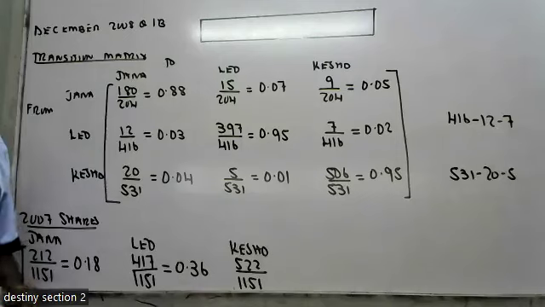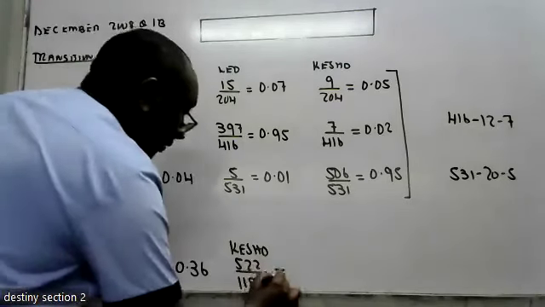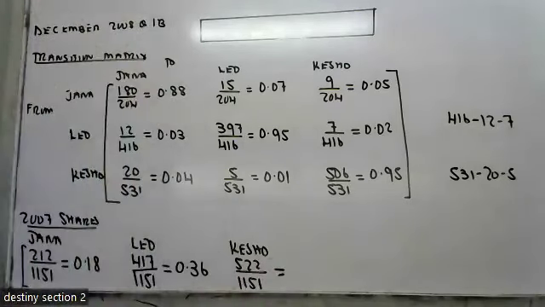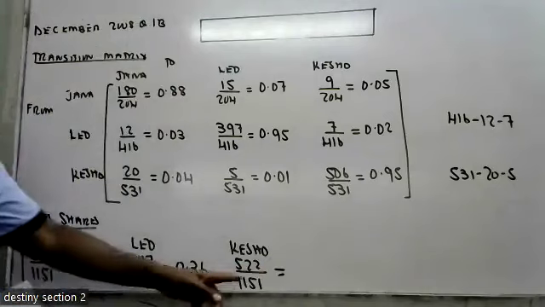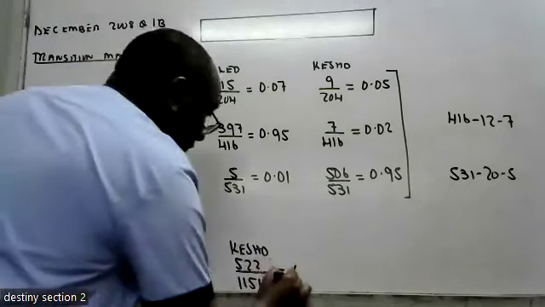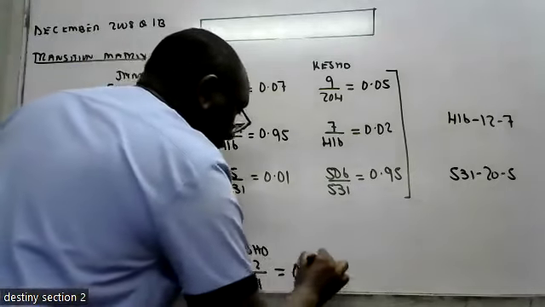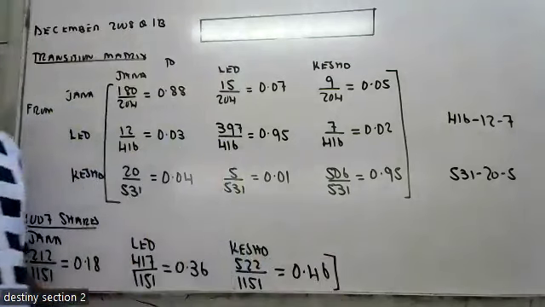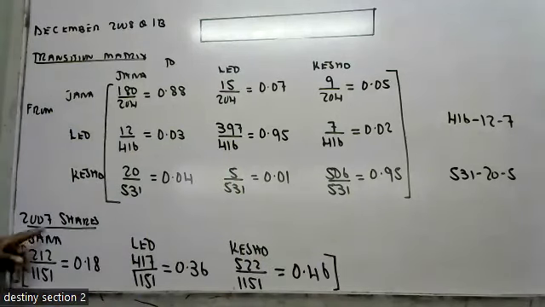Okay. Yes. Okay, so this one, because of the rounding error that we have made, we will get it from 1, as in 1 minus 0.18 minus 0.36. So this is 0.46. So that is the share for 2007.